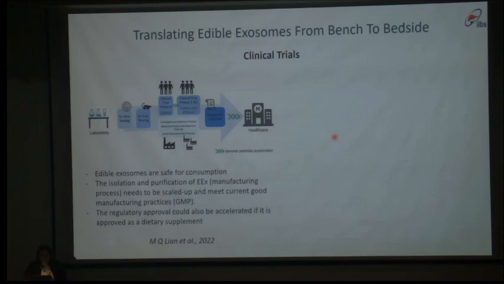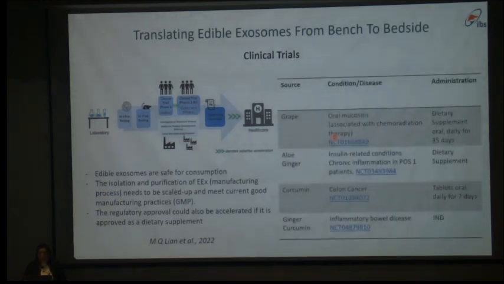Since edible exosomes are safe, and the isolation, purification and manufacturing process is easier, it can be scaled up and meet current manufacturing practices. So the regulatory approval could be simpler for this.